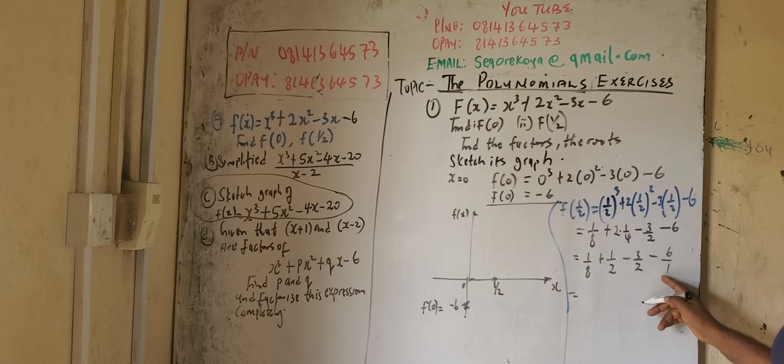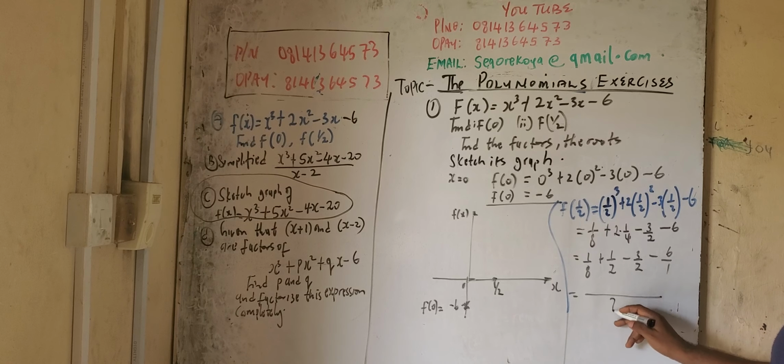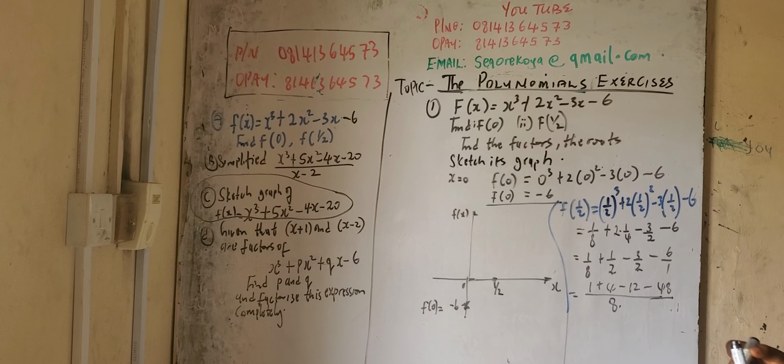If you look at this, the LCM here is 8. 8 in 8, 1, 1 times 1, 1. Plus, 2 in 8, 4, 4 times 1, 4. Minus, 2 in 8, 4, 4 times 3, 12. Minus, 1 in 8, 8, 8 times 6 is 48.